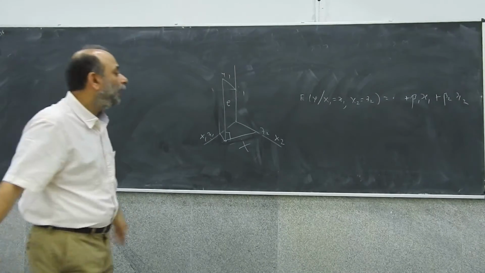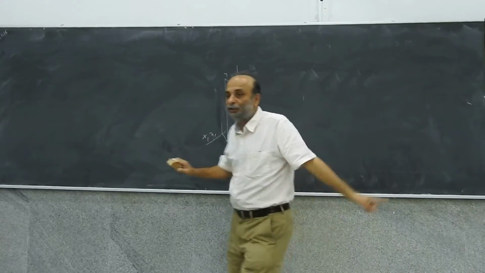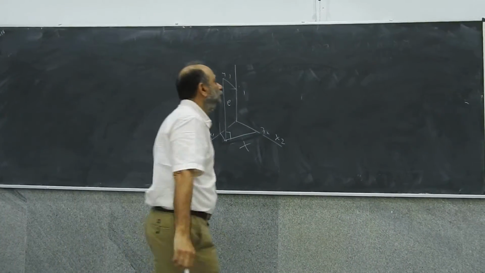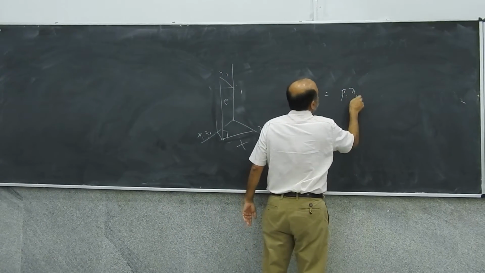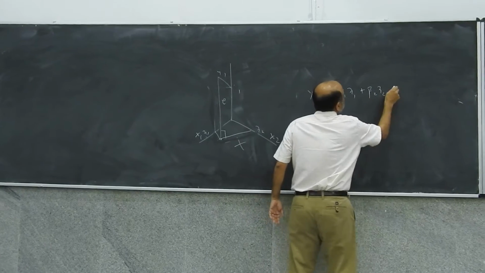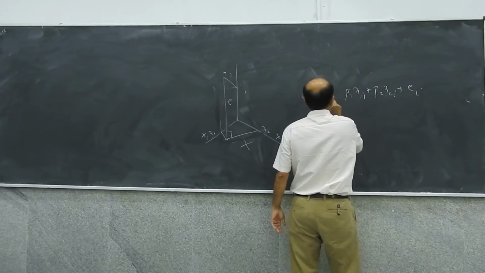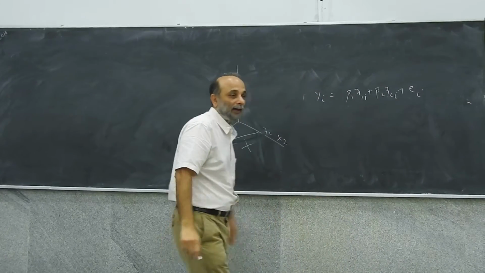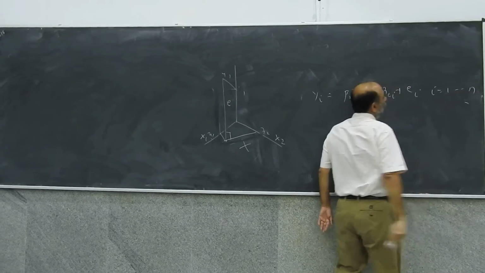Right? So now, if you remember, we said that this model can be represented as y_i equal to beta 1 x1i plus beta 2 x2i plus e_i, with the ith value, where i goes from 1 to n.